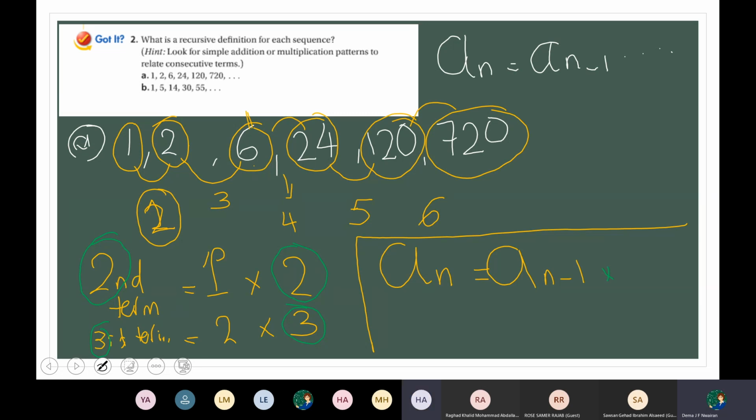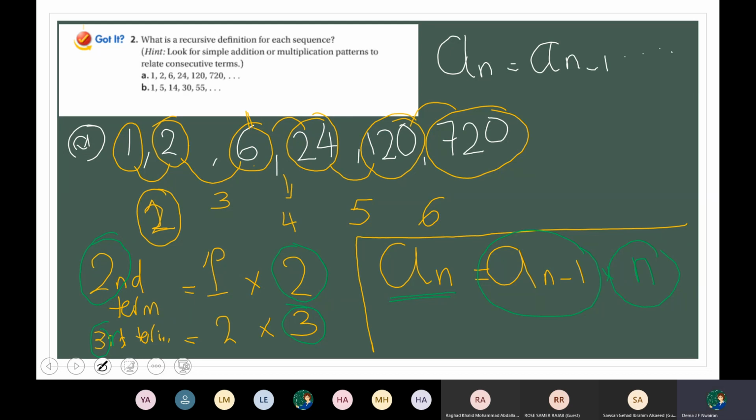By n, thank you. Why n? Because I'm talking about the second term multiplied by 2, the third term multiplied by 3. If I'm talking about the fourth term, I multiply it by 4. So I'm talking about n. So I find a of n by multiplying the previous term by n.